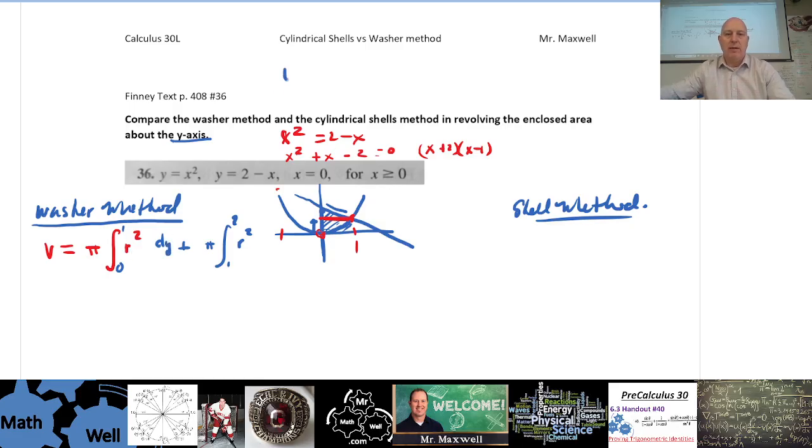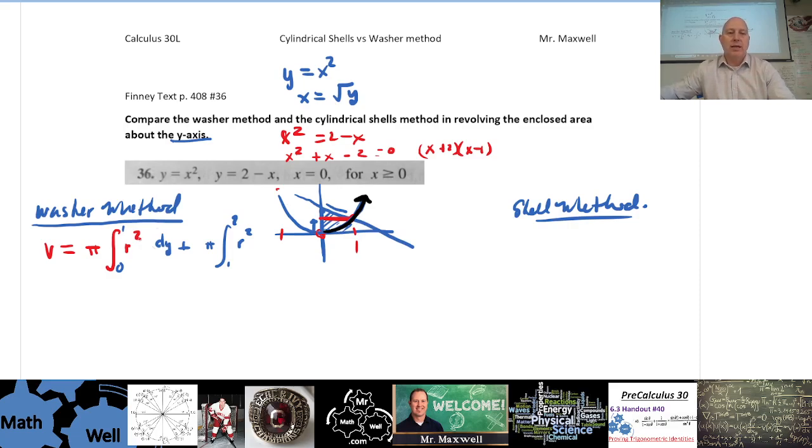And so if you have y equals x squared, that's actually x equals square root of y. Okay? And so this graph right here, which looks a little funny, is now square root of y.